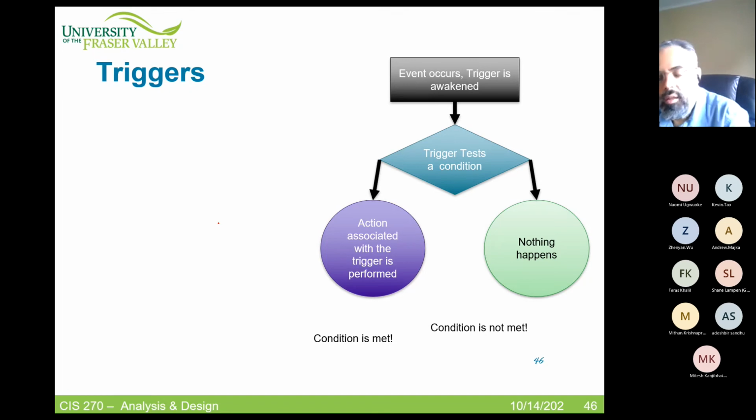The condition, suppose that you have an employee table, let's say a trigger in the employee table. You are going to enter data for an employee, and we should be aware that you are entering a new salary.